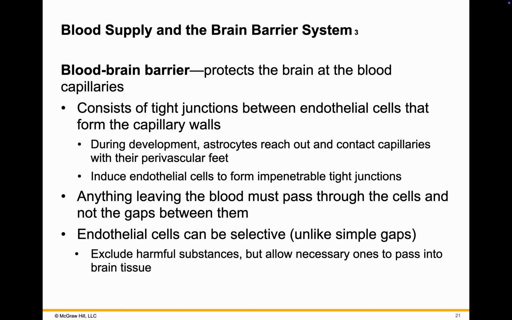It consists of tight junctions between the endothelial cells that form the capillary walls. Anything leaving the blood must pass through the cells and not the gaps between them. And those endothelial cells can be quite selective, unlike the gaps. You have to internalize it on one side of the cell and pass it through to the other side of the cell.